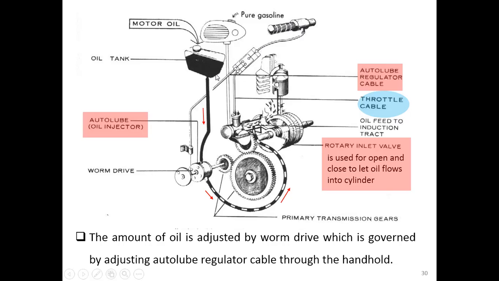So these two cables will work together. One is to control the amount of fuel, one is to control the amount of oil, and both will flow into the cylinder here. Okay.